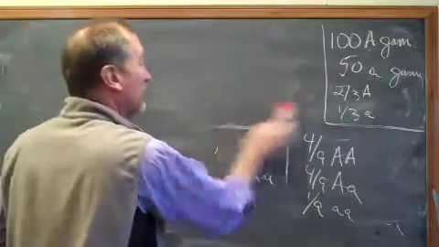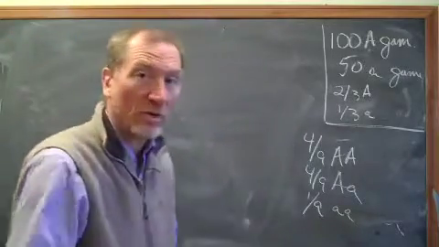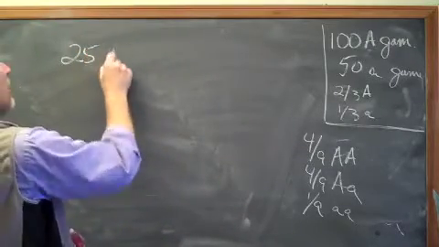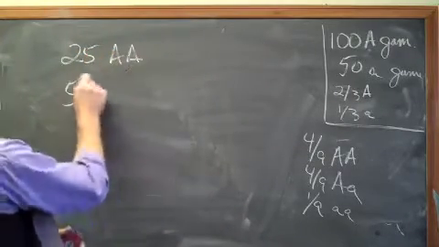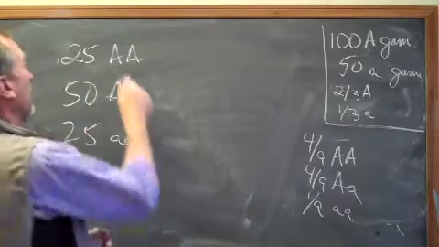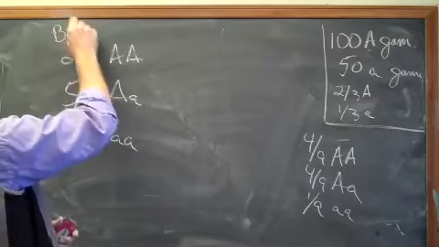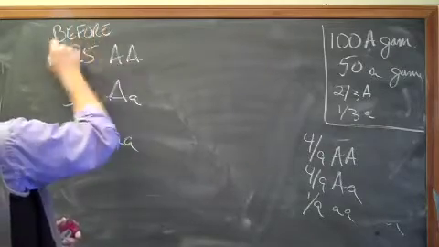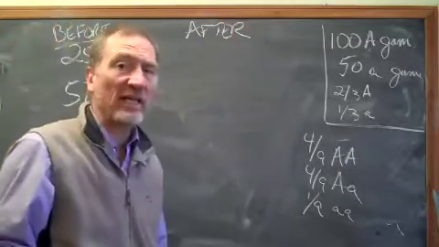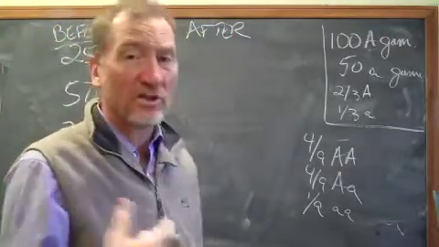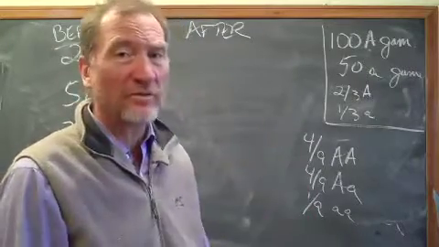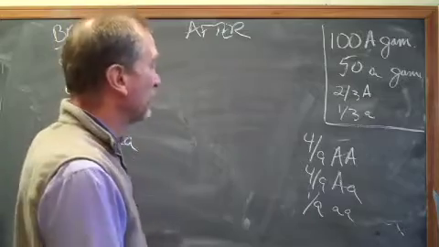So, how do these populations compare? Remember, in the original population where we had 100 plants, we had 25 big A big A, we had 50 big A, little a, and 25 little a little a. So this is before. And after, it'll be easier if I assume there's 99 plants in the next generation just because of the way I have to do this multiplication.